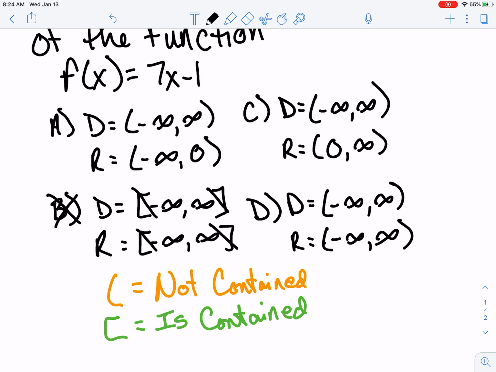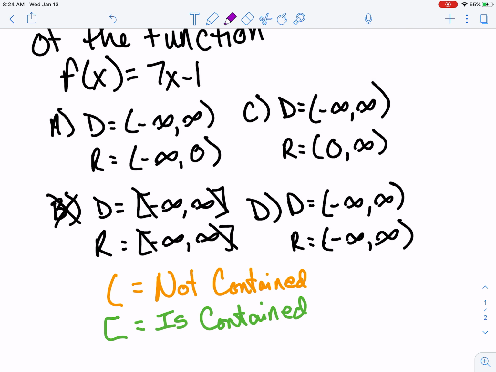So then what I want to decipher is what sets A, C, and D apart. When I look at domain for A, C, and D, they're all the same. They all have negative infinity to infinity. Because of this, I know this must be the correct domain.